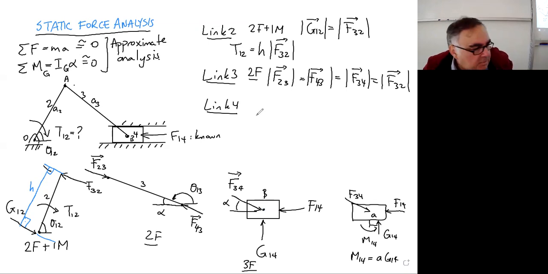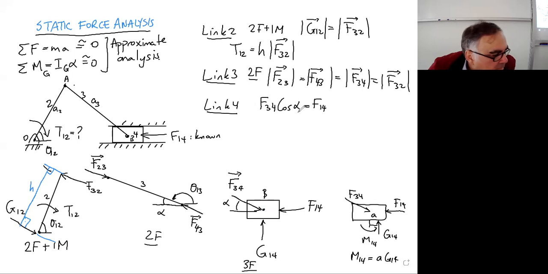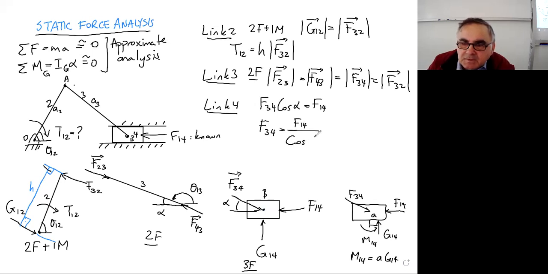As you know, here you can say that F34 cosine alpha is equal to F14. So you can find that F34 is equal to F14 over cosine alpha.